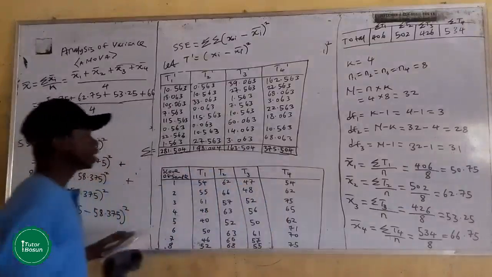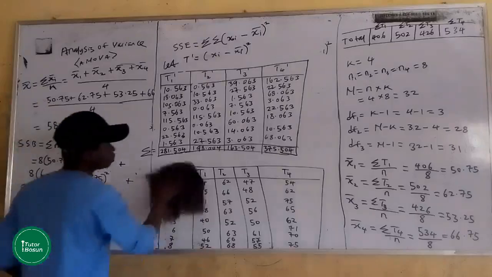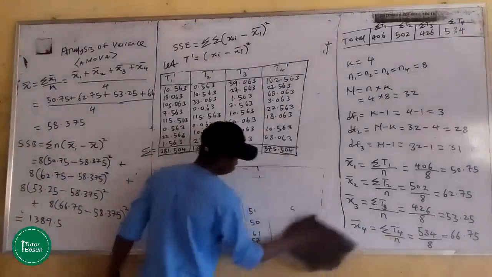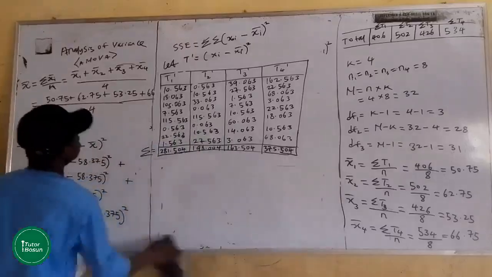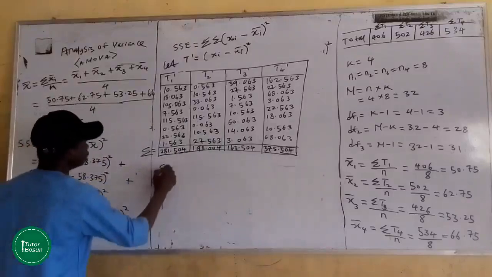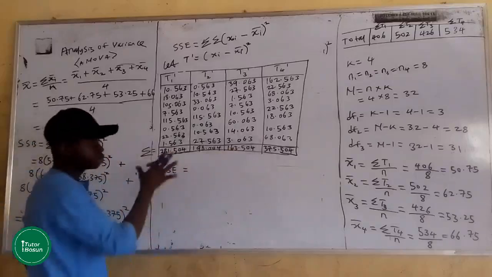So we are going to get all our squares of error. We want to find the sum of squares of error. We want to sum everything together, the sum of these sums.